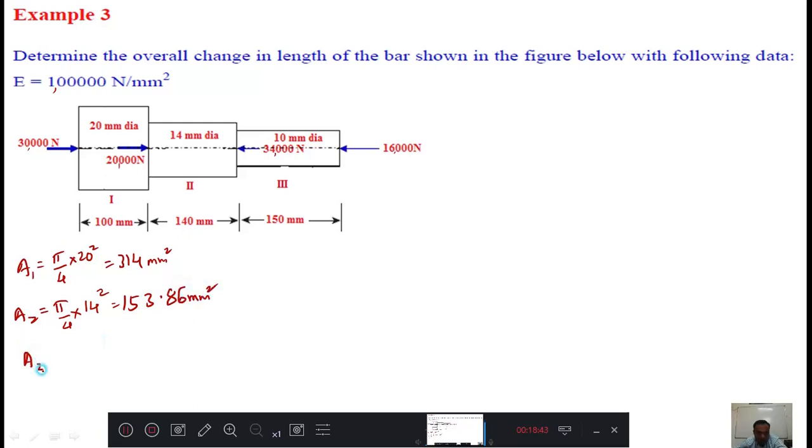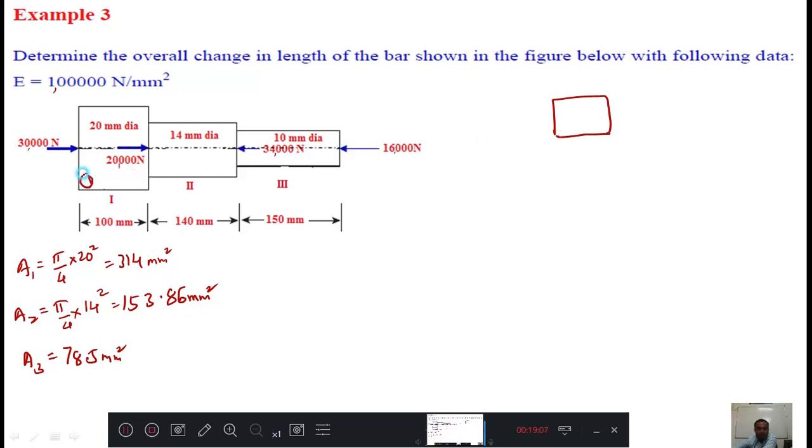Then A3 is pi by 4 into 10 square, this is 78.5 mm square. Okay, now I have to solve it very carefully.